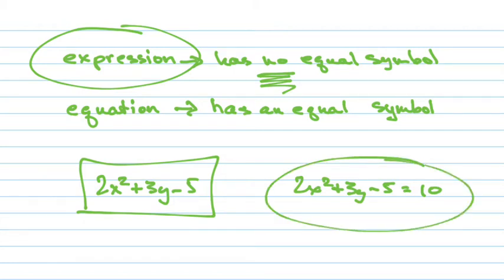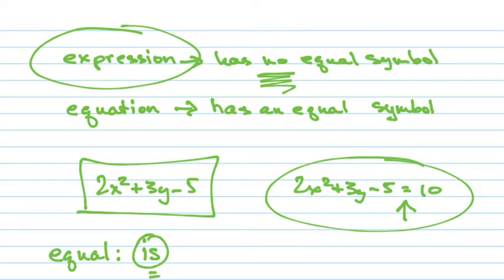Now, this equal symbol also has a keyword. It could say "equals," but the most commonly used keyword for the equal symbol is the word "is." So if you see the word "is," that means the equal symbol, right?